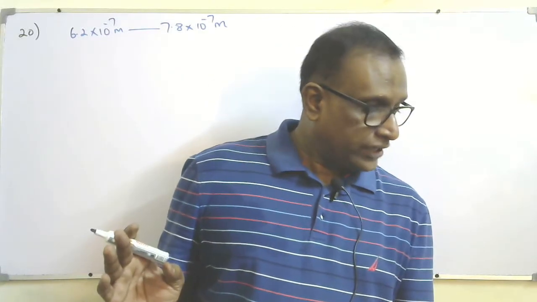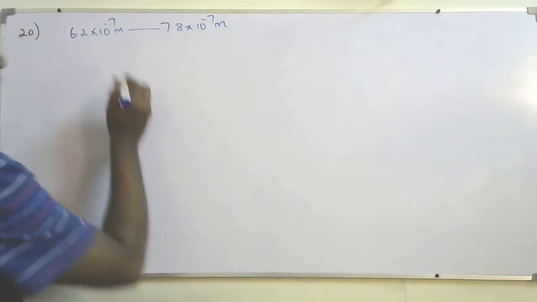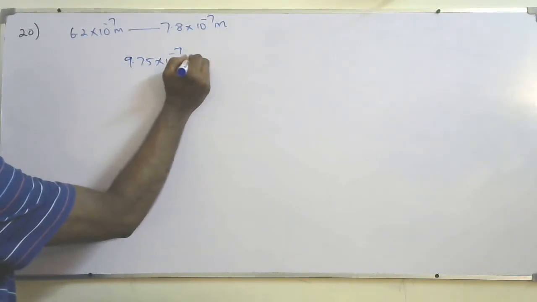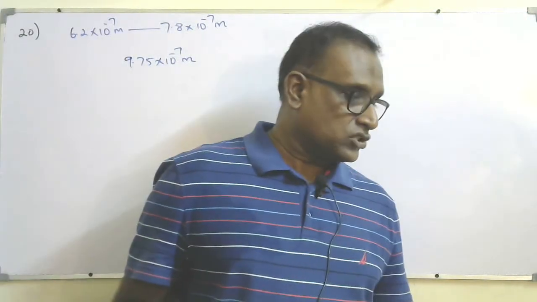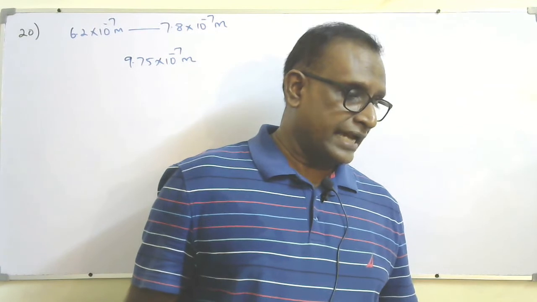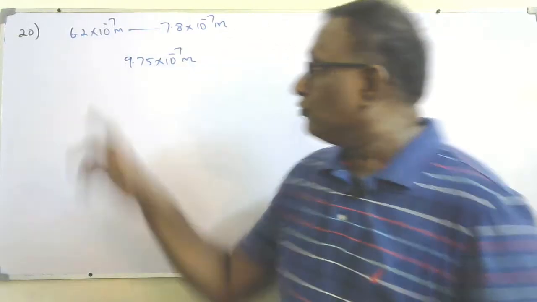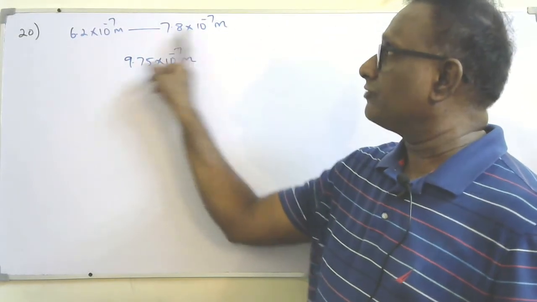But here we got 9.75 times 10 to the power minus 7 meters, not in this range when we calculated. The question is, comment on the value of lambda max and this classification of the Sun. So we can say like this: the peak wavelength is not within the visible range of red color.